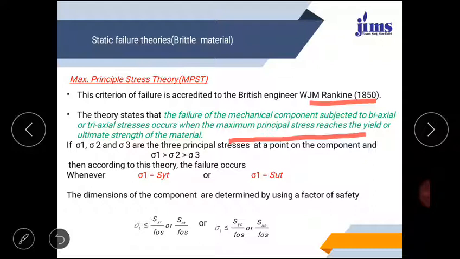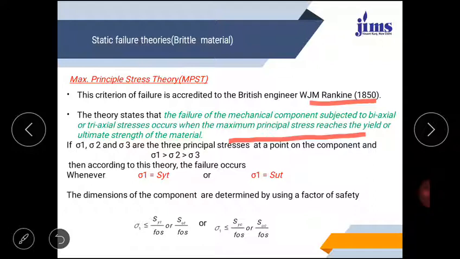Here, any material under a biaxial or triaxial system of stresses will fail when the maximum principal stress reaches the yield strength or ultimate strength of the material, as determined in a standard test of a specimen.